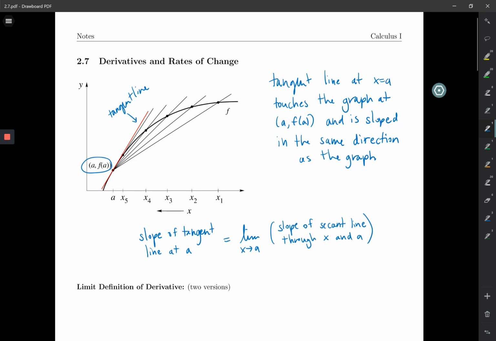Okay, so this is not yet perfectly rigorous, right? But this is the idea. So we want to use a limit of the slopes of the secant lines.